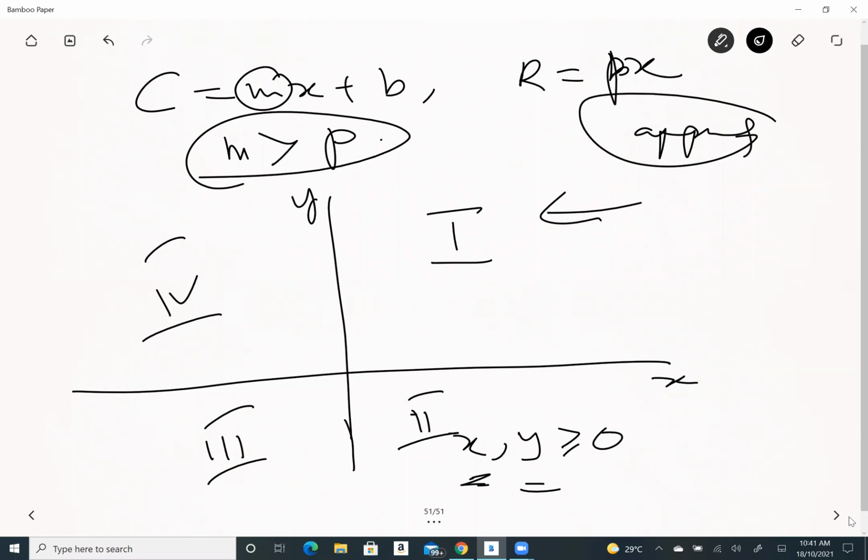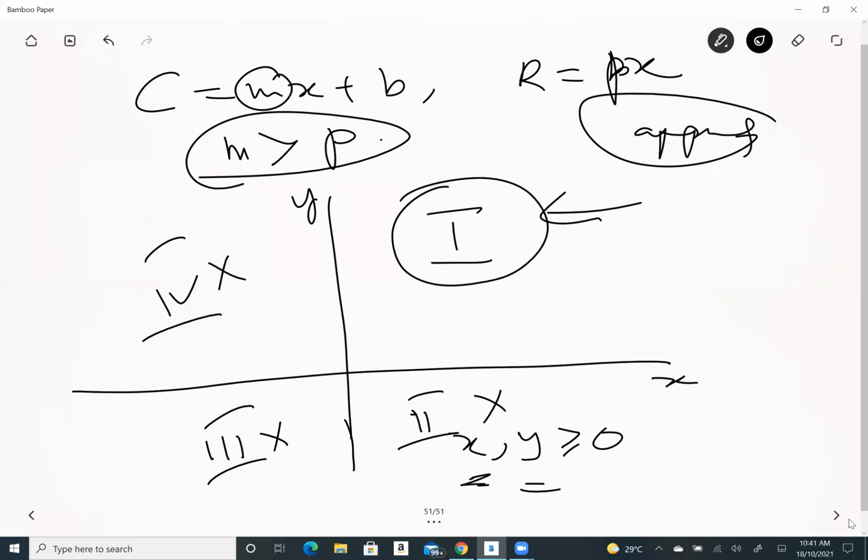Because when you are dealing with application, for example revenue and quantity, there is no such thing as a negative quantity. Quantity must always be positive. Same thing with revenue, which is either 0 or larger. Same thing with cost. So for application, we deal only with that quadrant. The second and third quadrants are not relevant.